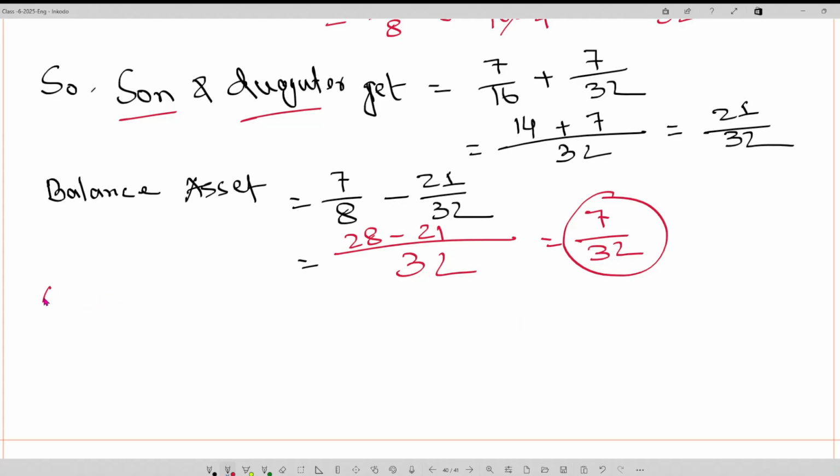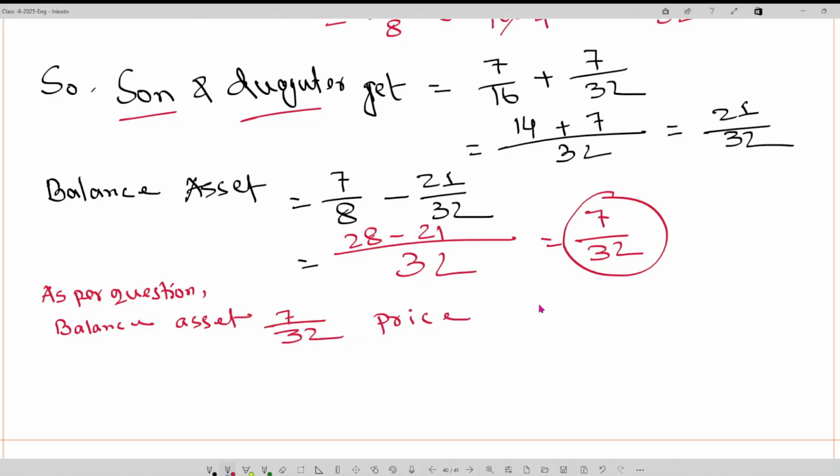So as per the question, the balance asset, which is 7/32, has a price of 3,15,000 taka, right?